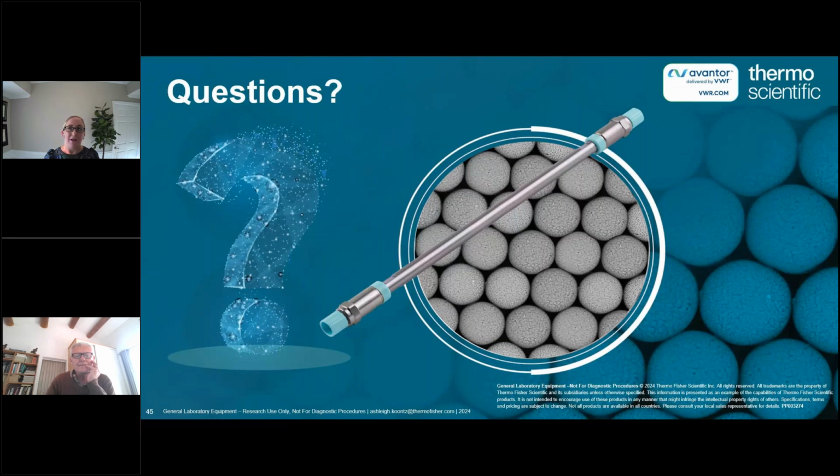So when you think about how long that process is for customers, when they start in analytical development and R&D and go all the way through the different phases of clinical trials and into commercialization and manufacturing, that process can take 7 to 10 years or longer.